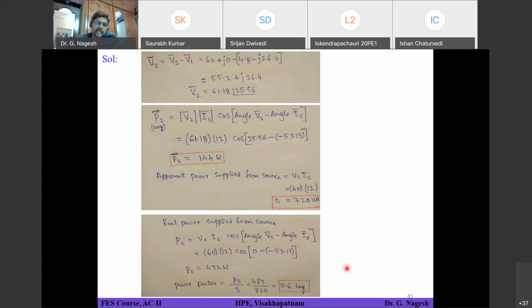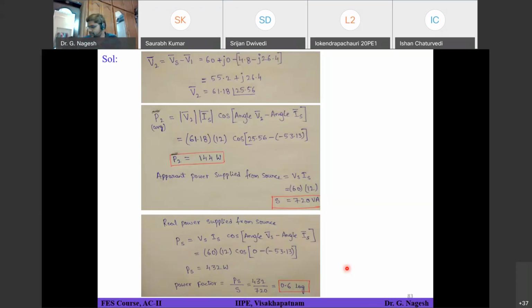So current is lagging, that means your current is lagging the voltage. That's why I have called it a lagging power factor, and the value is 0.6. Okay, so is it clear? So the power factor is 0.6 lagging. This is how you have to calculate the power factor, apparent power, or real power, whatever it may be.